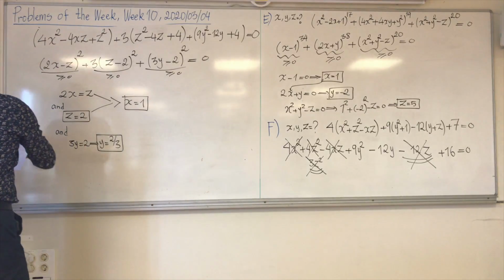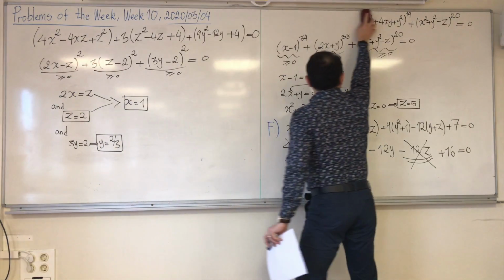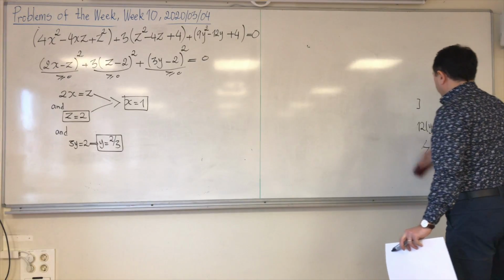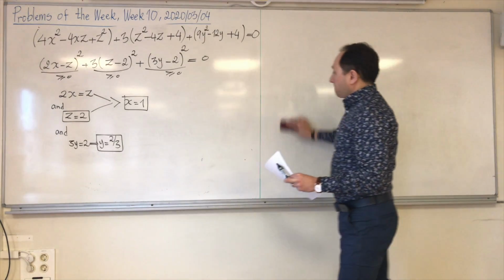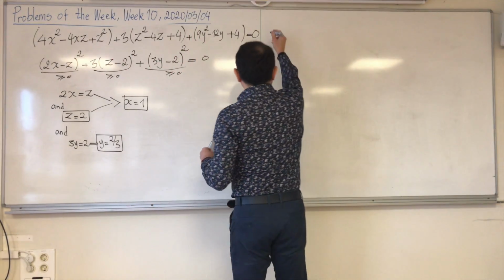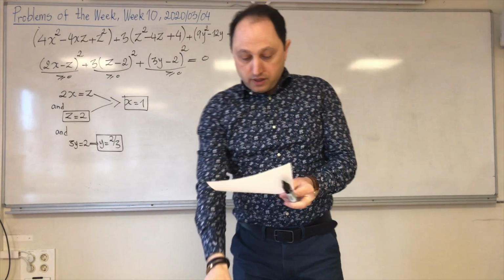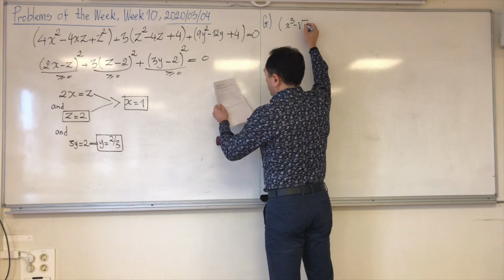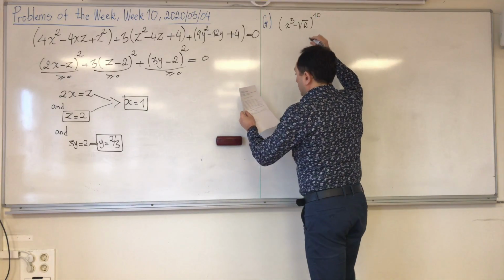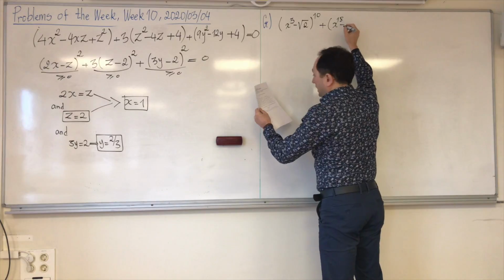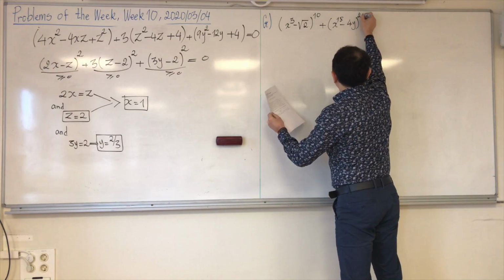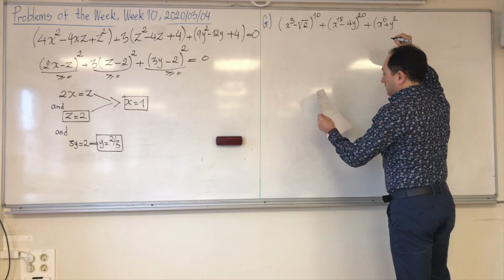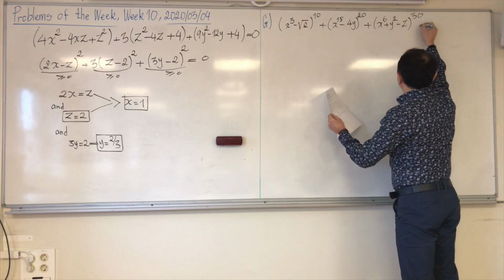Okay, let me go to the next problem, G. What I have is (x to the 3 minus square root of 2) totally to the power 10, and then (x to the 18 minus 4y) to the 20, and then (x to the 6 plus y to the 2 minus z) totally to the power of 30 is equal to 0.